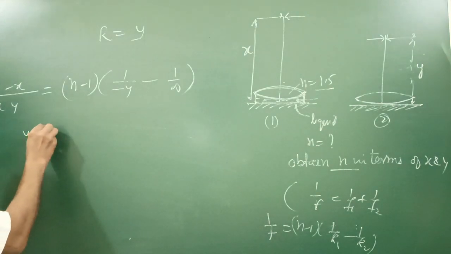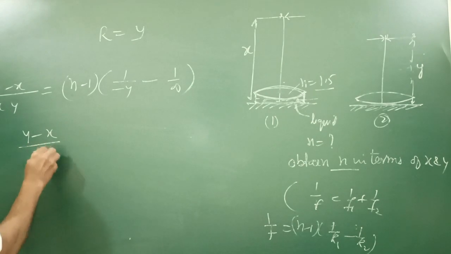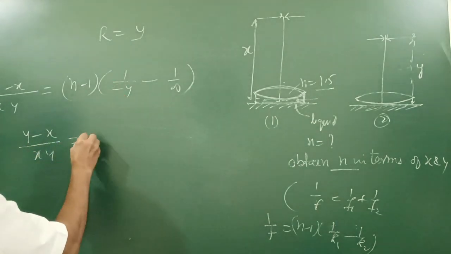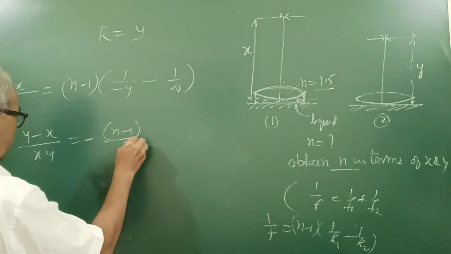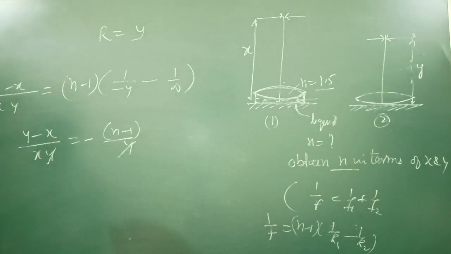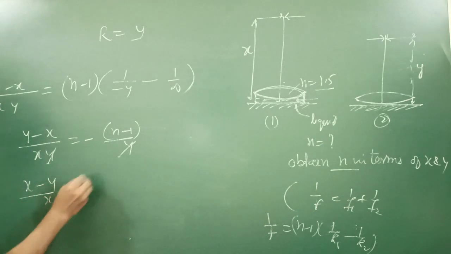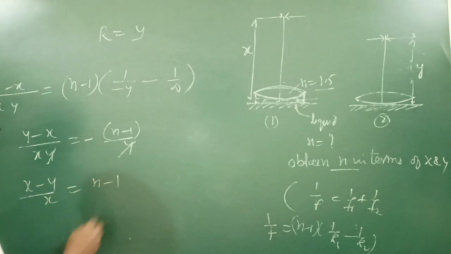Y minus x upon xy is equal to minus 1 upon x, and here minus 1 upon y. This y gets cancelled. This minus sign can change this here. It is equal to n minus 1.